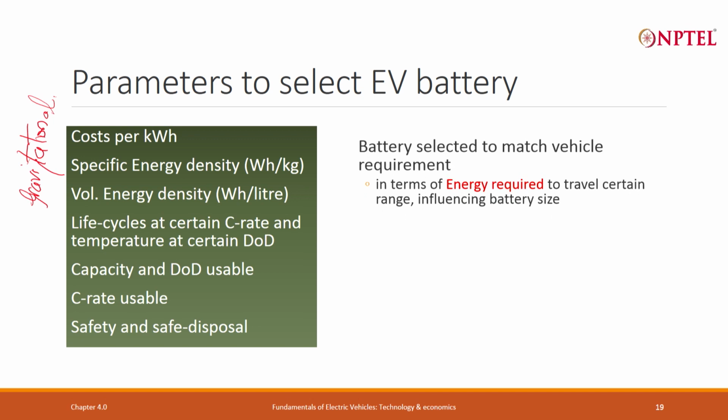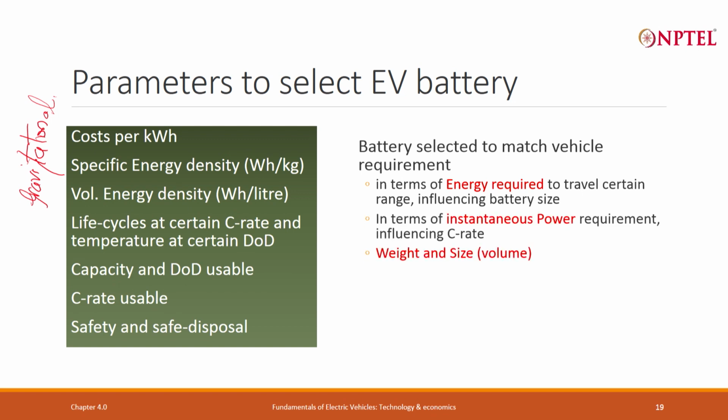The battery, of course, is selected to match the vehicle requirement. If a vehicle requires 20 kilowatt hour for a certain range, you have to have 20 kilowatt hour. It has to match in two ways. One, it has to match in terms of instantaneous power.